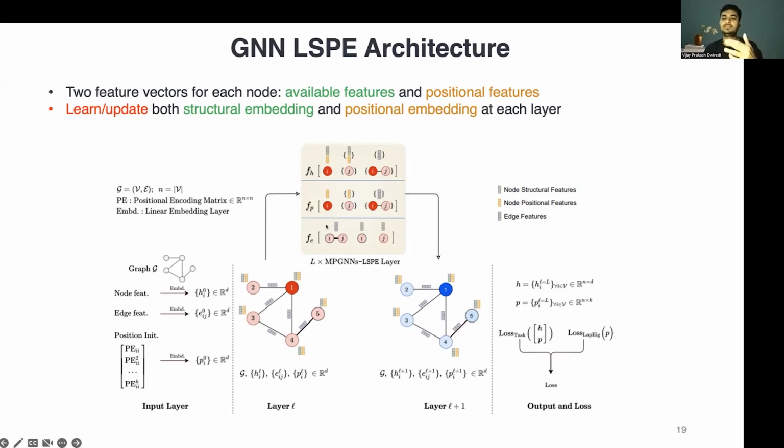This is a simple idea of decoupling these two different kinds of information and passing them through similar functions, f_h and f_p. You take any graph transformer or any message passing GNN and apply a similar equation for both the position and structure feature update, but with different parameters.